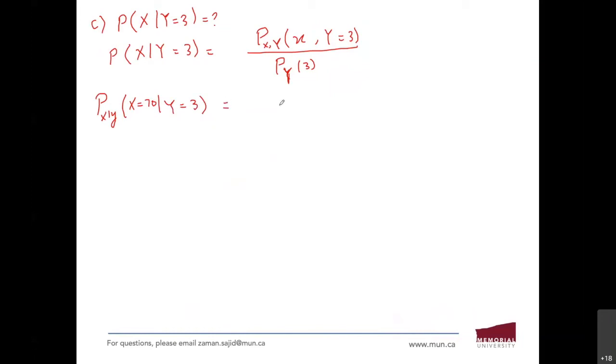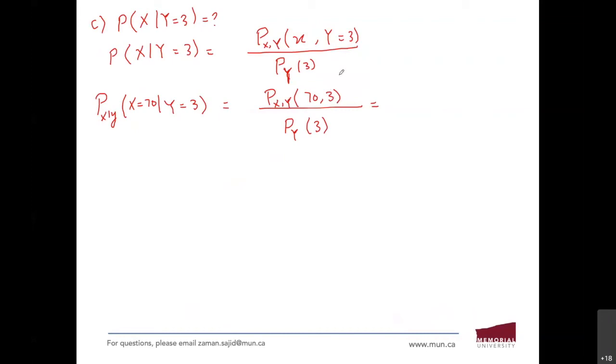That should be equal to our joint probability value at X equal to 70 and Y equal to 3, divided by the marginal probability value of Y at 3. Now this value at X equal to 70 and Y equal to 3 is coming from the same table.